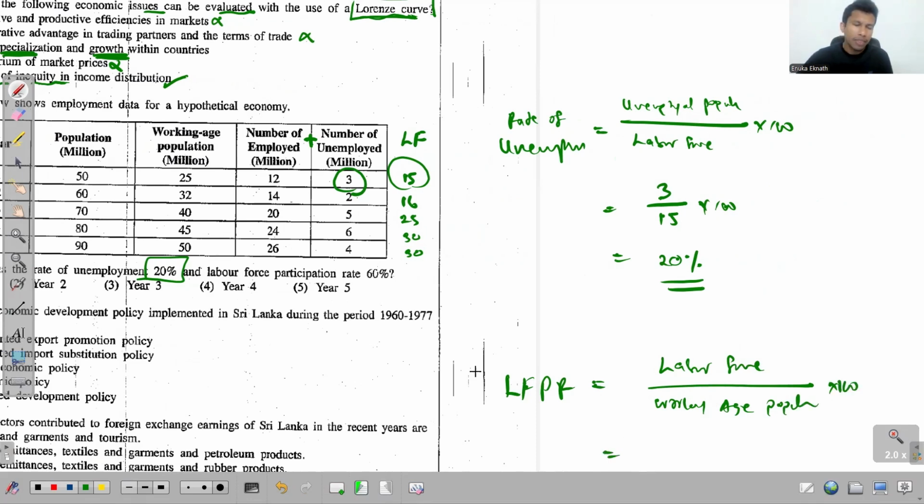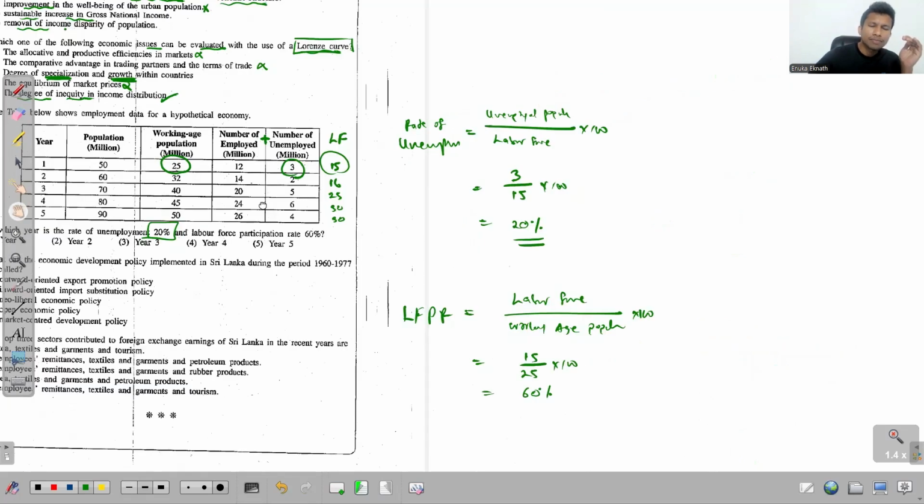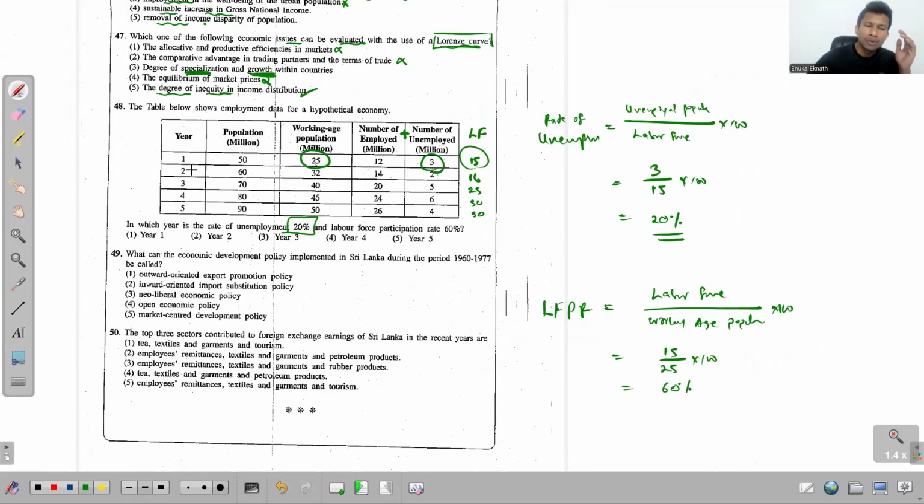So we will check the value in year 1. Labor force is 15 and the working age population is given to us as 25, into 100, which is 4 into 15. How much is that? That is 60, right? So fortunately, the first year itself is the answer. You would have to check all these other given years, and yes, the answer is the first option.